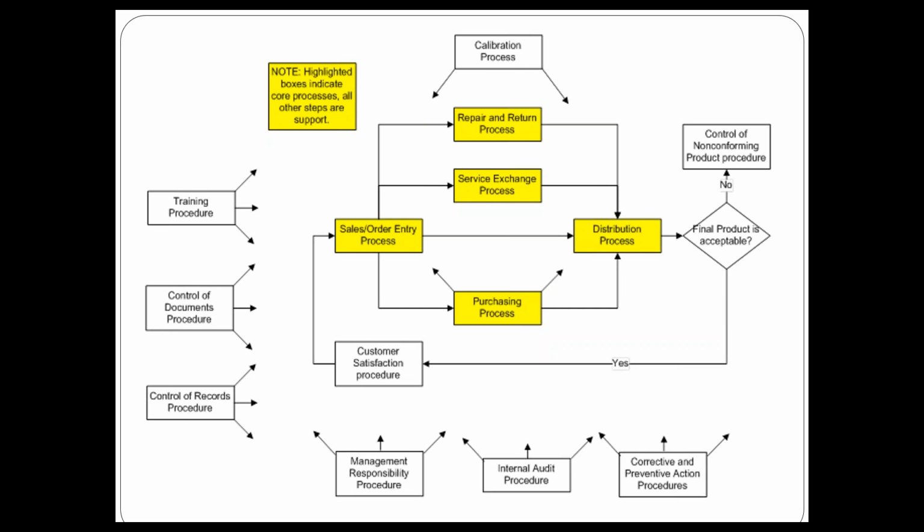So in this case, we have 5 core, and then everything else can be thought of as kind of lumped together under the heading support. And again, you'll note the unique process names that are used here: distribution, service exchange. These are not processes that reflect sections of the standard or anything like this. These are definitely distinct and related to the organization that created this IOP.